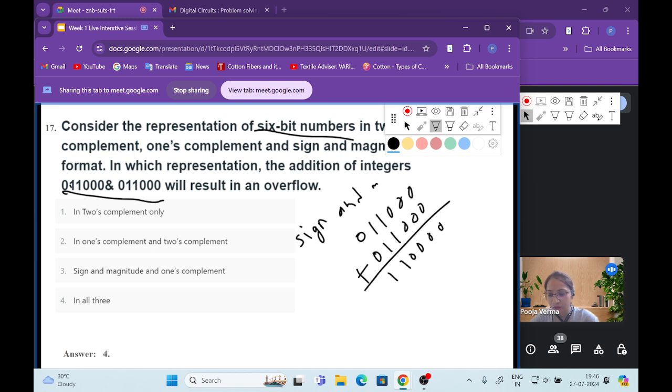If you add these two in signed form, both have MSB 0, so here we are considering them as positive numbers. So we just need to perform the addition, then we need to show whether overflow will occur or not.